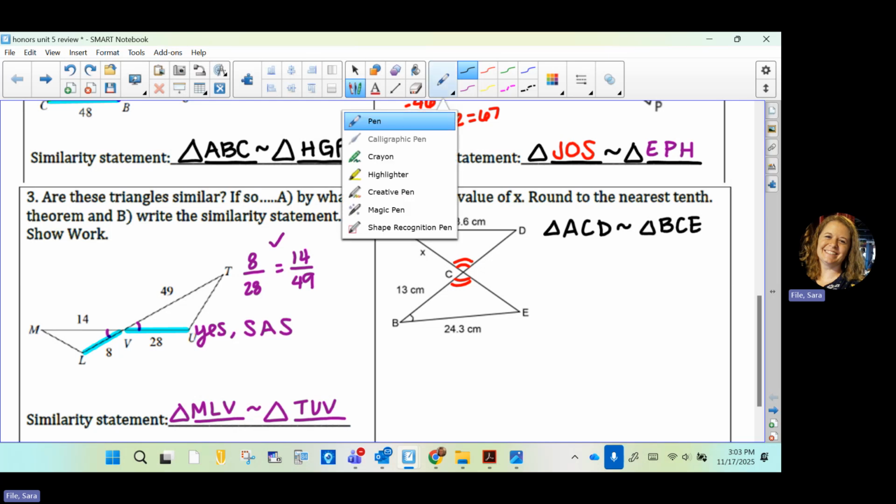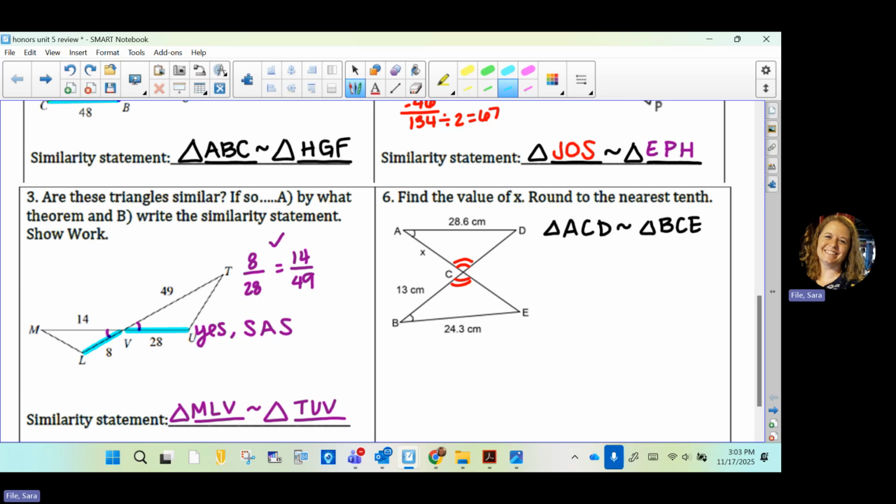So when I come over here, I can see what I'm looking for is AC. AC corresponds to BC, so that's this side here. So X is to 13. And then we can see that AD would correspond to BE.